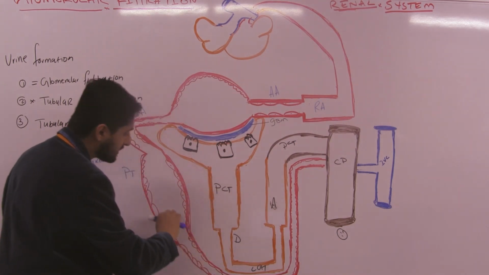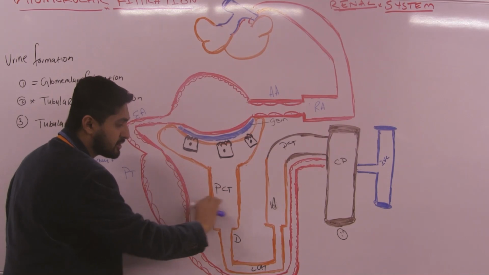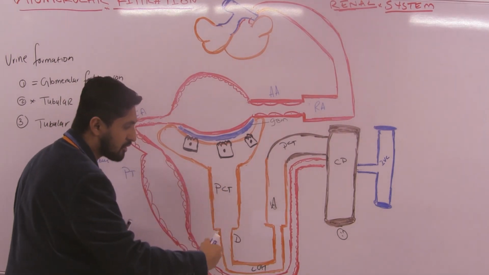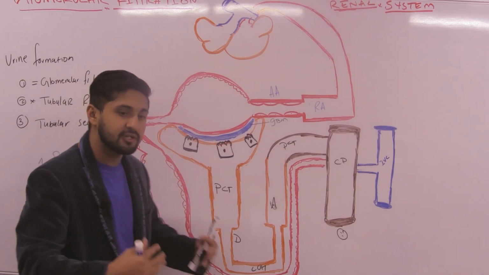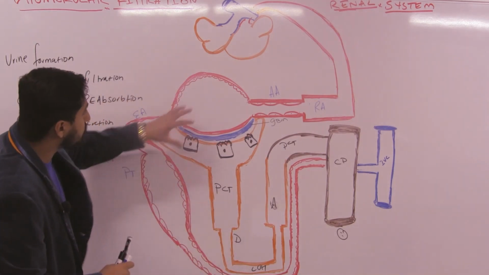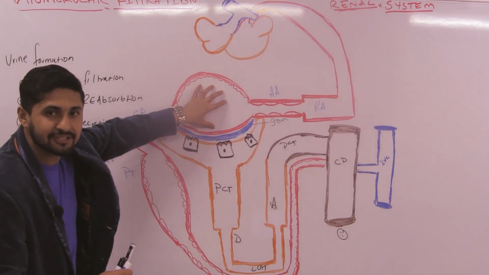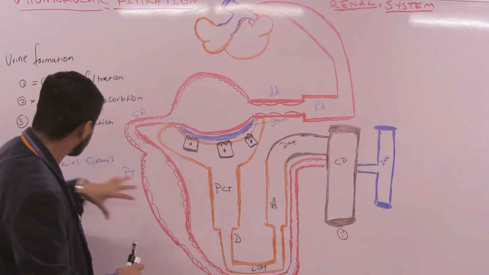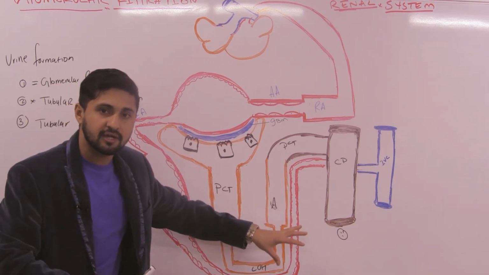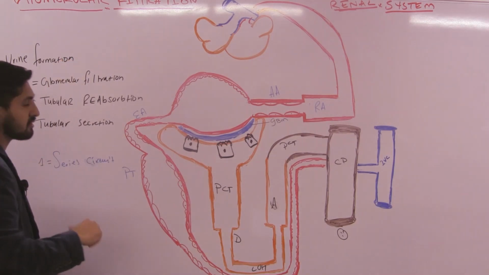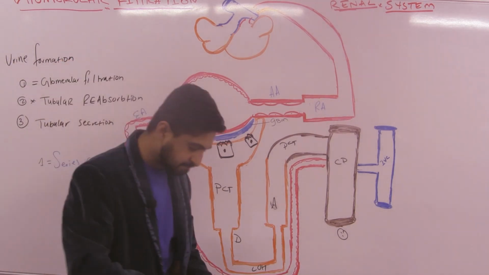But at the same time, secretion also happens from the peritubular capillaries, okay? That's why we say urine formation is a result of 3 different processes. But today, we're only focusing on glomerular filtration. In other lectures, we're going to talk about tubular reabsorption and tubular secretion, okay? But today, we're going to emphasize only on glomerular filtration.